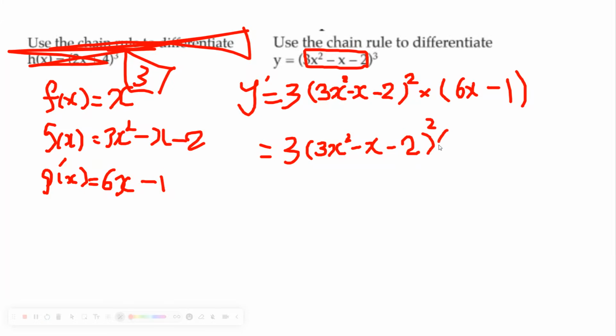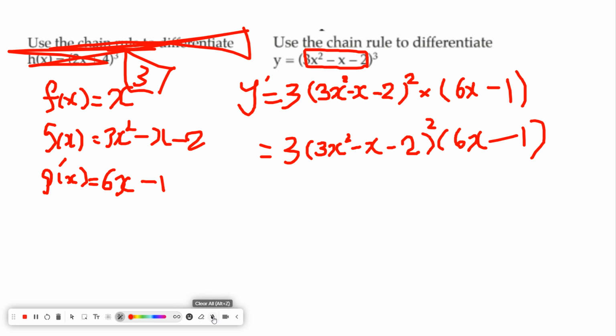So the answer is 3 bracket 3x squared minus x minus 2 to the power of 2, bracket 6x minus 1 is the answer. You don't have to expand for level 3. This is how you do it.